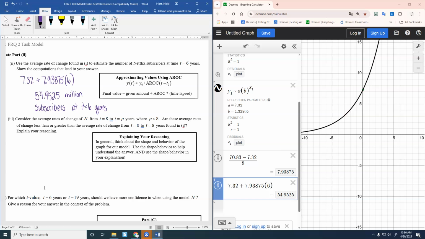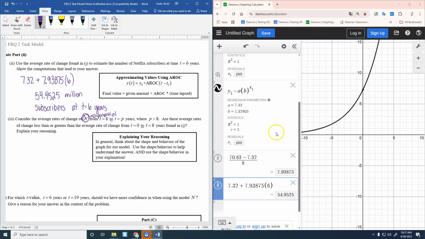So, in this case, we are talking about n right here, that is your exponential function that you were given earlier, right? They told us n of t equals a times b to the t power.